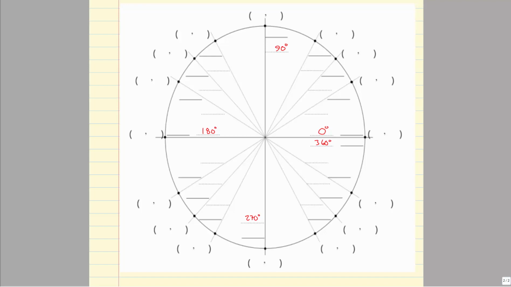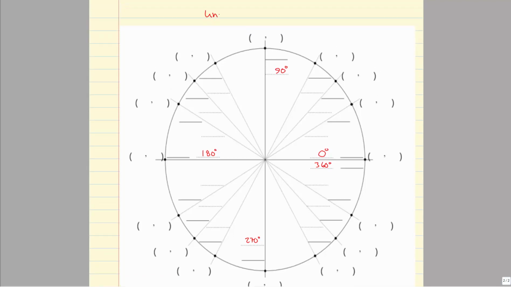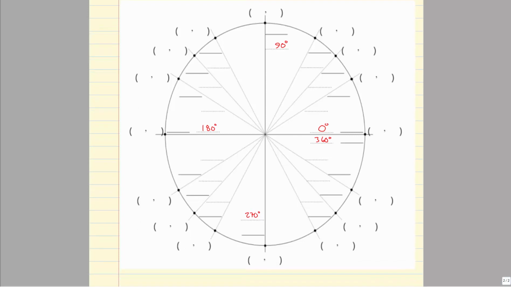Now let's think about this as the unit circle. If this is the unit circle, that means the distance from the center, or the origin, out to any point on the circle is a radius of 1. So the radius from the center to this point is a distance of 1.